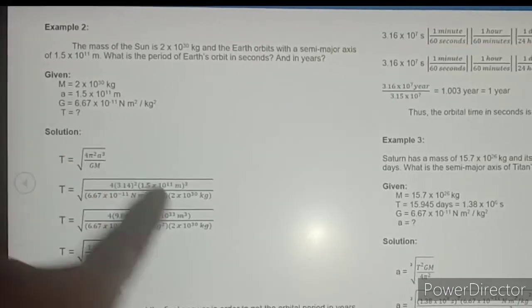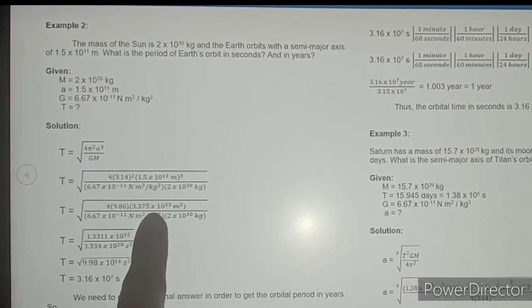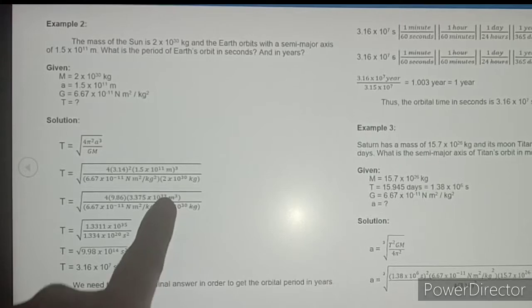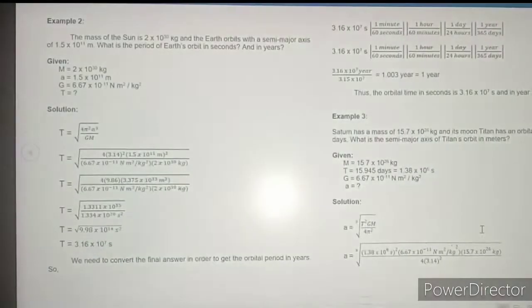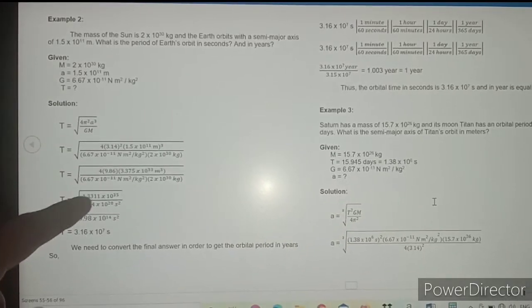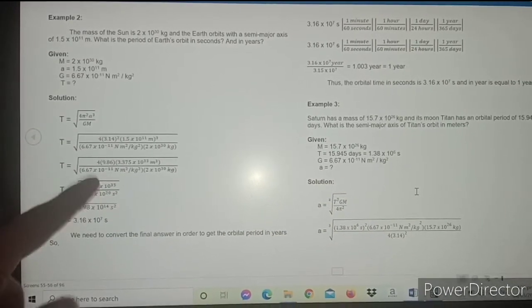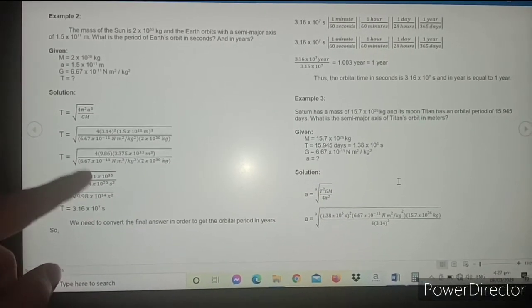Since we got the value of its cube, we can now multiply it to the given values of the other terms and then divide by the values of the given terms on the denominator.